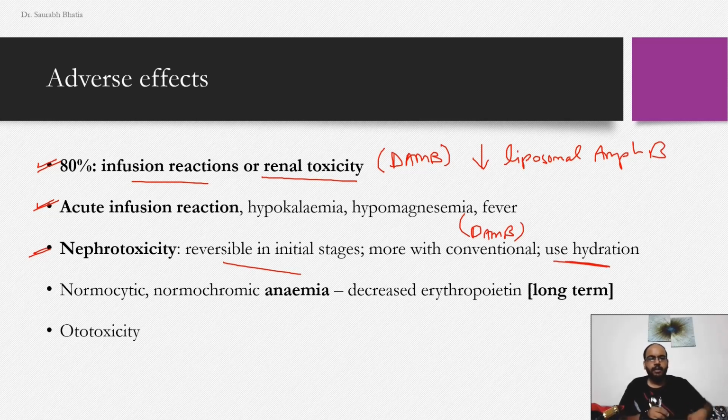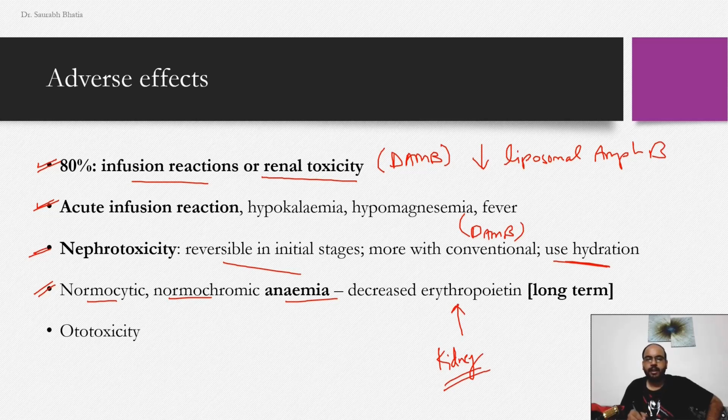Other rarer effects include normocytic normochromic anemia. Why would you have anemia? Because prolonged kidney damage or long-term use of amphotericin B leads to kidney damage, and kidneys are a very important source of erythropoietin. The function of erythropoietin is to increase the formation of blood.